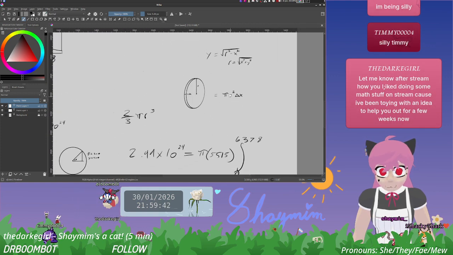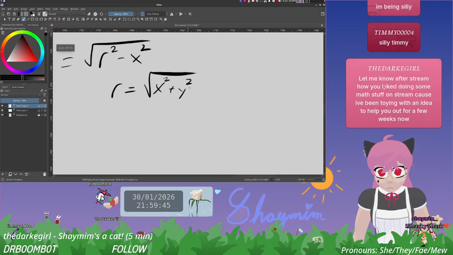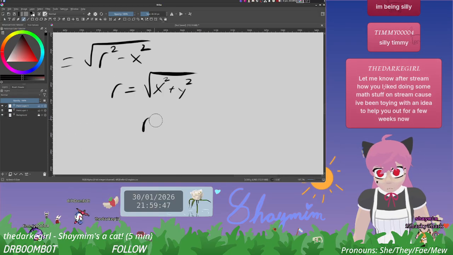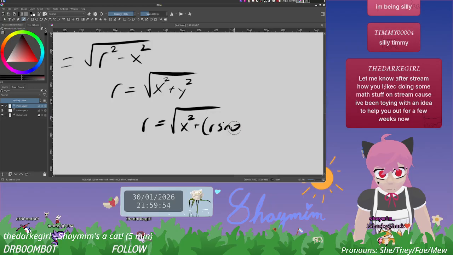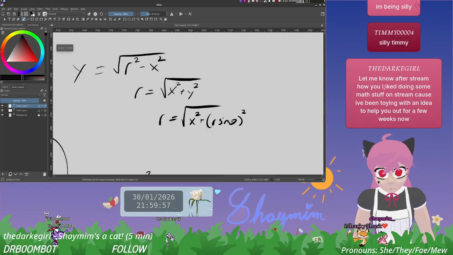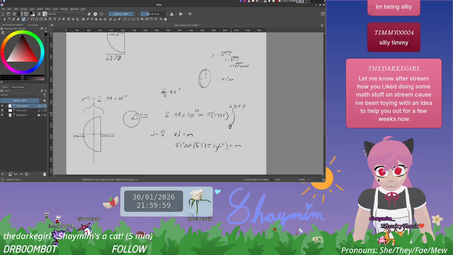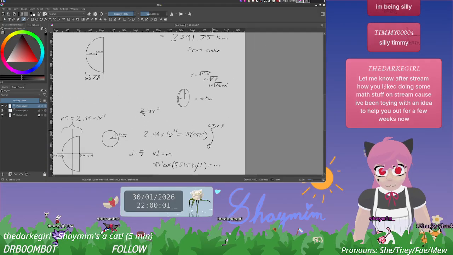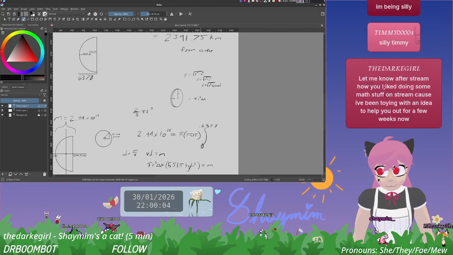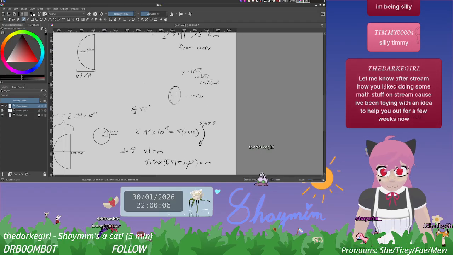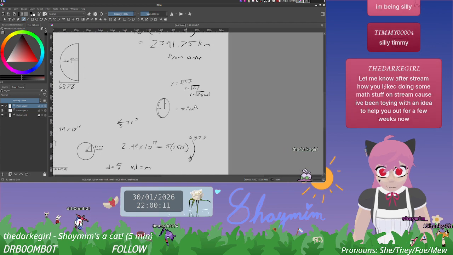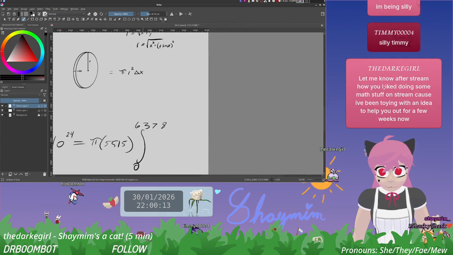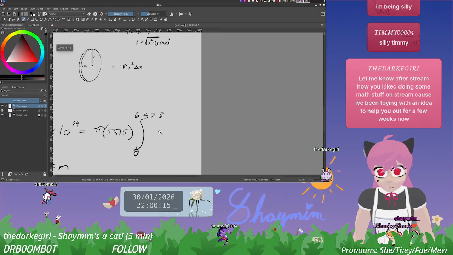Alright. So now we can replace the y here. So r equals square root of x squared plus (r sine theta) squared. Okay? So that's good. Then it's squared for this formula, so the square root would go away.